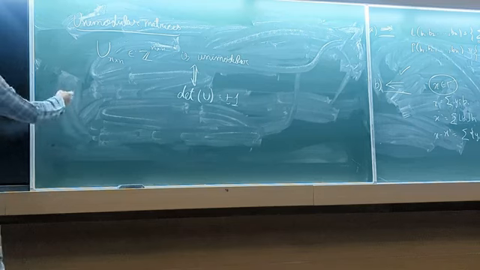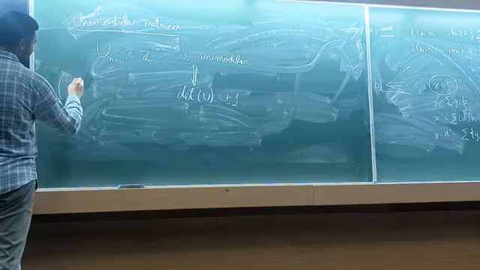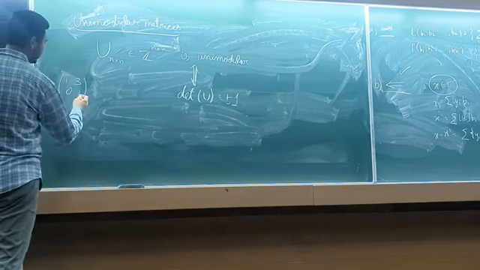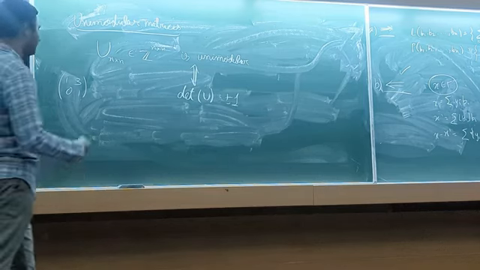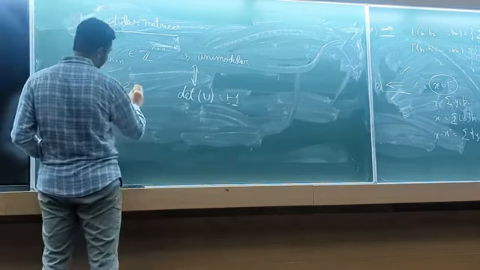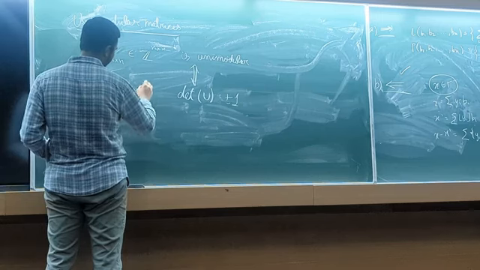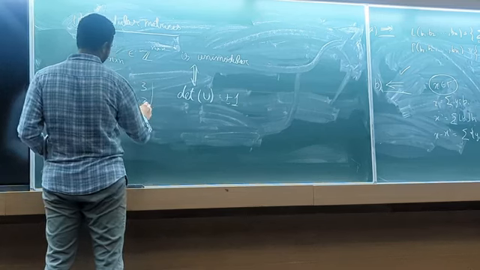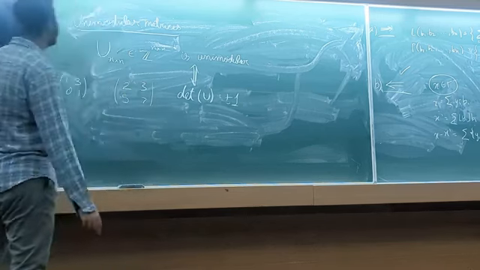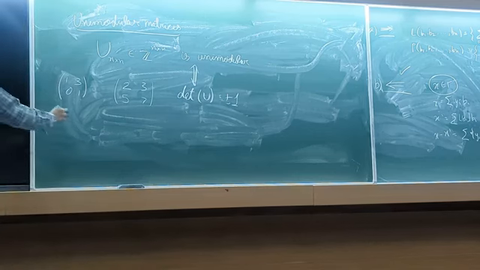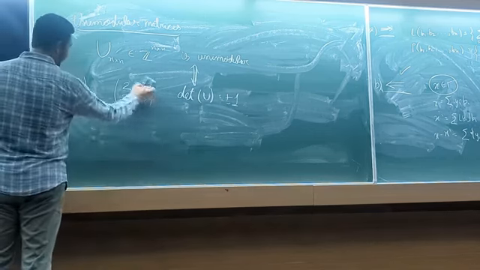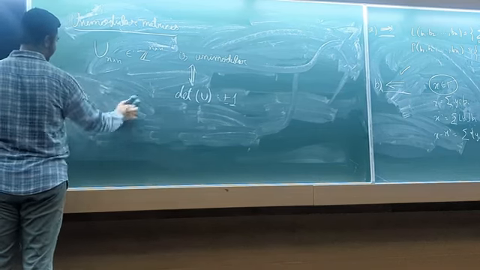Some common examples would be 1, 3, 0, 1. This has determinant 1. Another example would be something like 2, 7, 3, 5, because the determinant is minus 1. So all of these are 2 by 2 unimodular matrices.